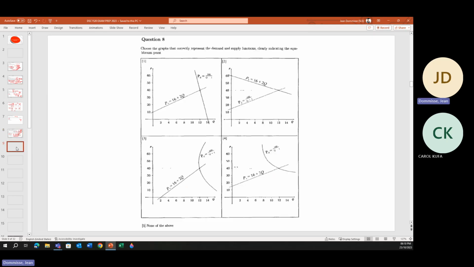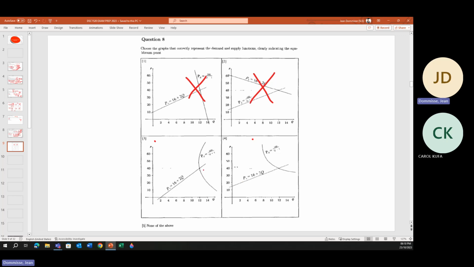If I needed to look at these two, I would have said both of these are linear, so I would have excluded them already. Then I would have said, non-linear, non-linear, so one of these two.